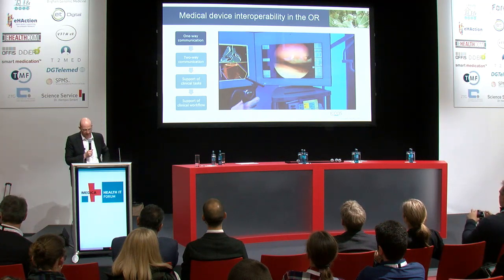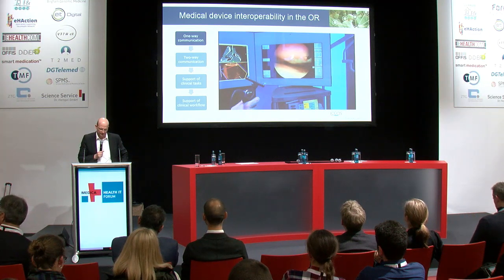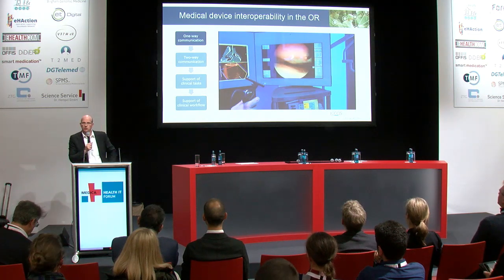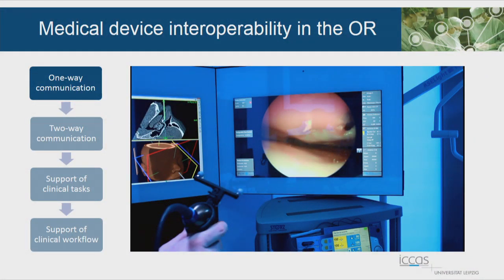The first benefit we see is technically expressed here as a one-way communication, just showing parameters of one device and combining them with parameters of another device. You see here a screenshot of an endoscopic screen, and on the left-hand and right-hand side you have parameters shown from devices from other vendors that are relevant for the current clinical work step.